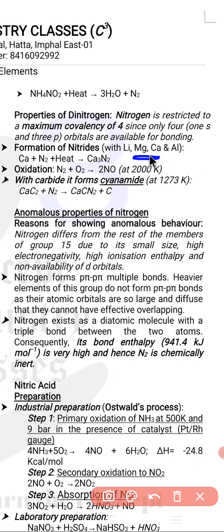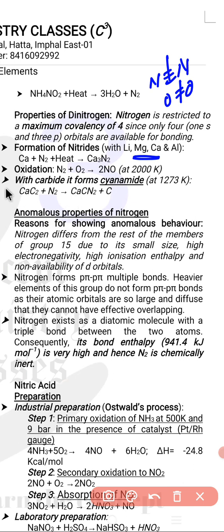This is a very high temperature, because nitrogen has 3 bonds between the 2 nitrogen atoms, and oxygen has 2 bonds between the 2 oxygen atoms. In order to react, these 3 bonds and 2 bonds have to be broken, so a large amount of energy has to be supplied.